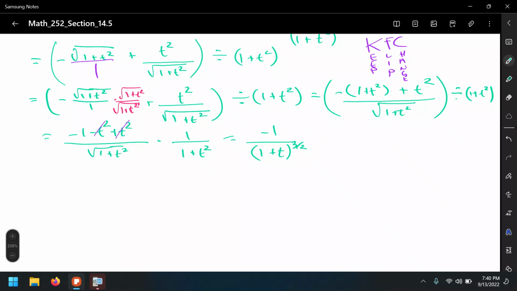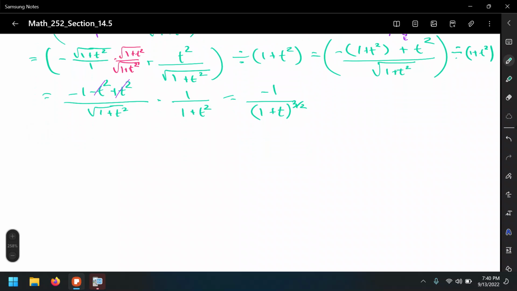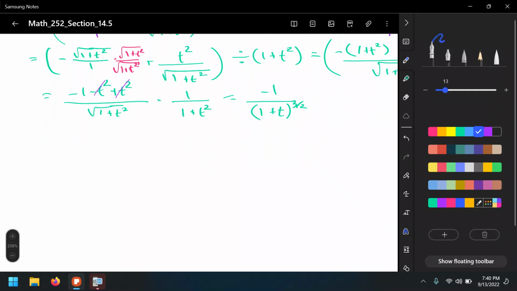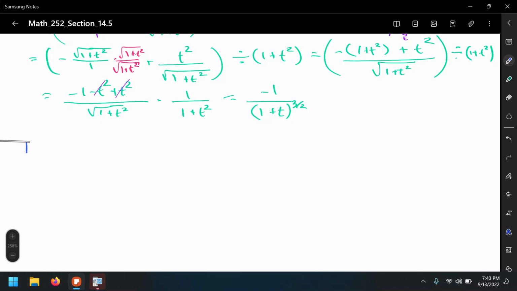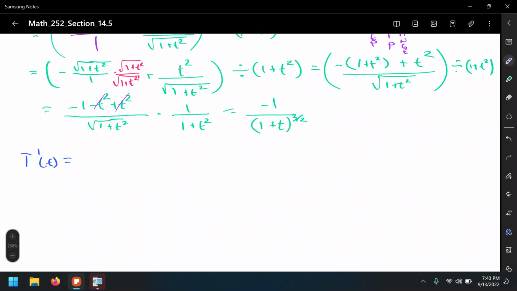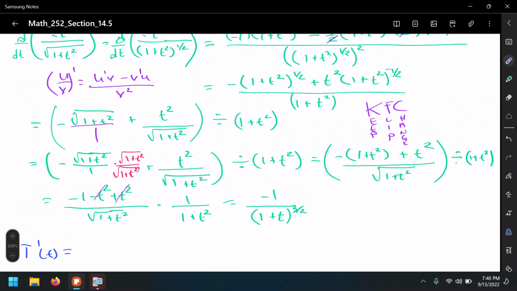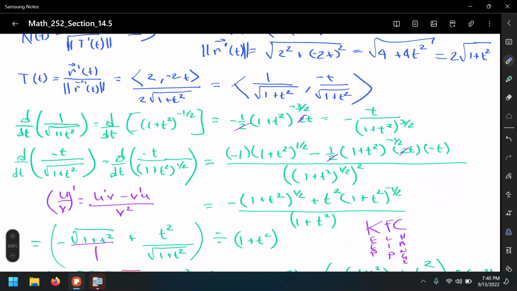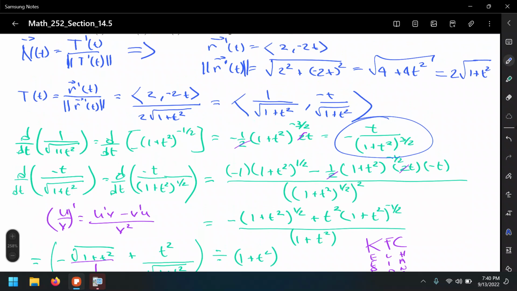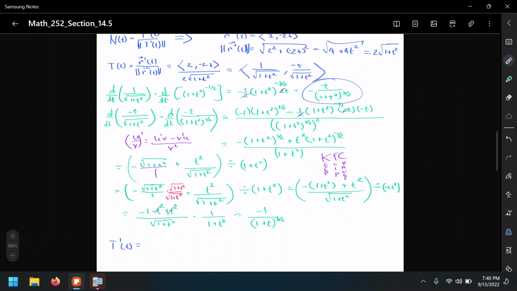Let's go back and write the derivative of the tangential, T prime of t. So that's going to be the derivative of the first component, which we got, this expression right here. Let me zoom it out so you can see.